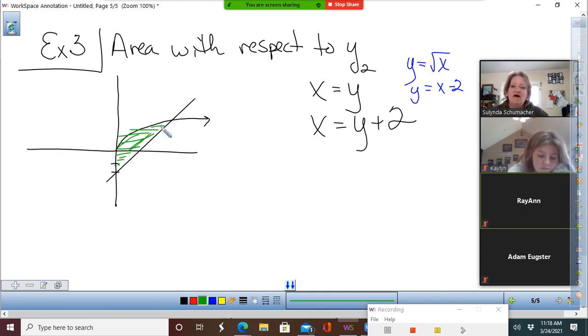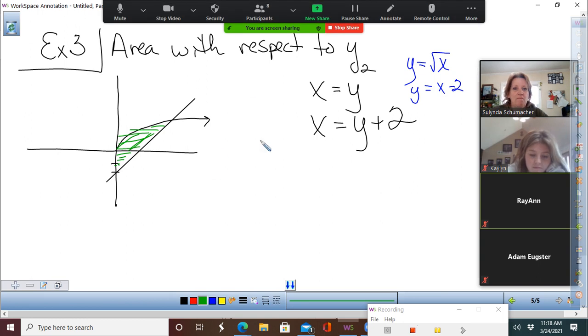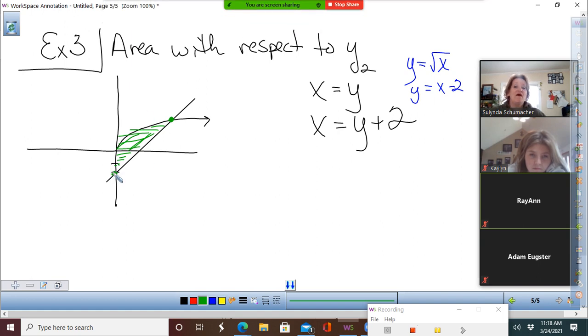All right, so this one with respect to y means that first we have to find what the y value is here and the y value is here. Obviously the y value here is -2, right? We need to know what this y value is where the intersection is. So we're going to take our two equations, set them equal to each other.